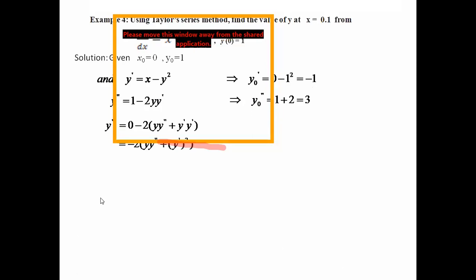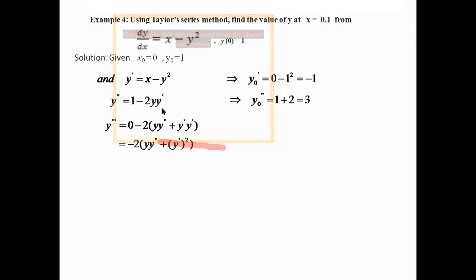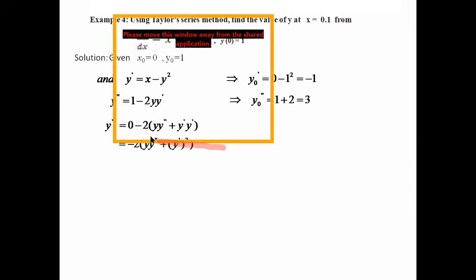Next, the third derivative. For the next derivative, you have to differentiate the second derivative. The derivative of 1 is 0, minus 2 is a constant, take it outside, and y y dash is there. For this, use the product rule. Product rule is first y into derivative of y dash, that is y double dash, plus y dash into derivative of y, that is y dash. So we get minus 2 times y into y double dash plus y dash whole square.